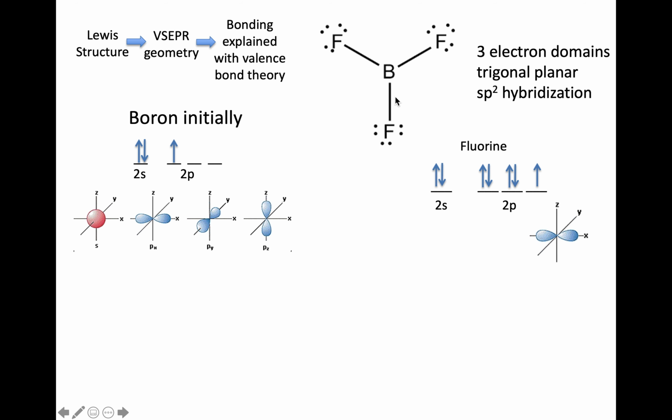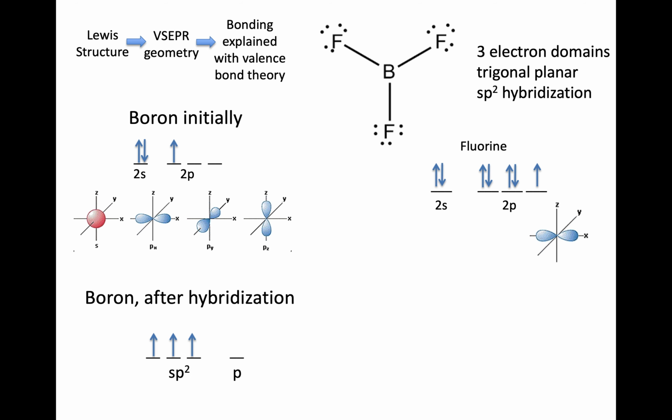The bond angles within the BF3 are trigonal planar. They're all 120 degrees. If I look at these initial atomic orbitals, I don't see any angles that are 120 degrees. So I'm going to use hybridization. After hybridization, notice I still have a total of four orbitals. Three of them are sp2 hybridized, and I have a leftover p orbital. I've also taken one of the electrons and promoted it over, so I have three unpaired electrons.